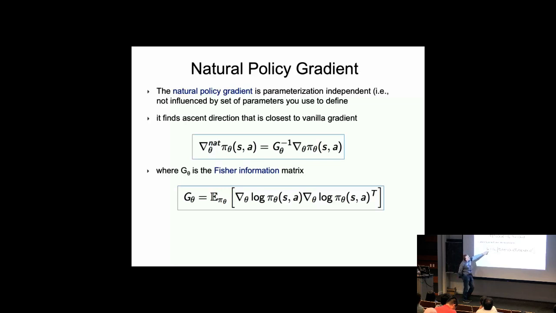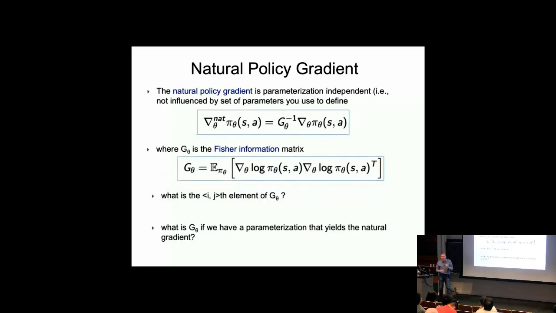But let's look at this. Here's a vector, which is the gradient of the log policy with respect to theta, and now we're just multiplying it by the same vector transposed. So you tell me, what will be the ijth element of this matrix?